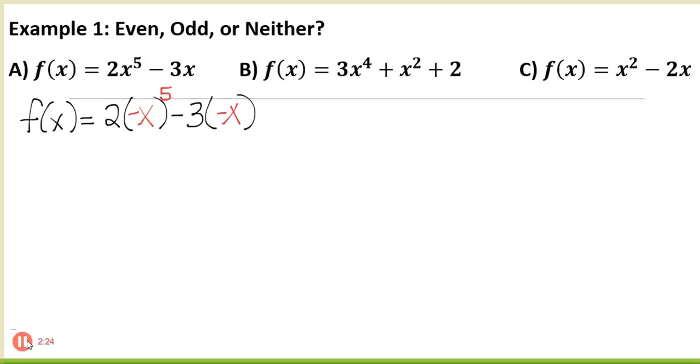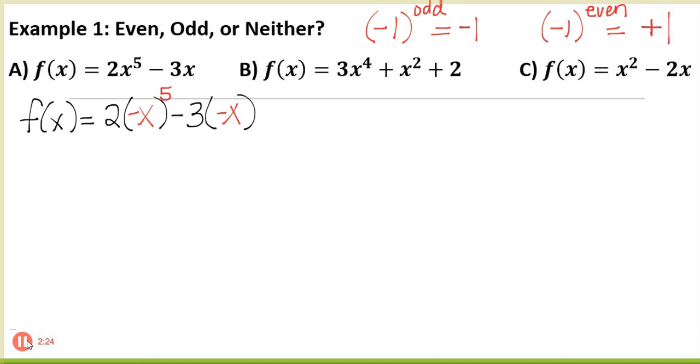We want to know, do we get the exact same thing out, or is it the opposite? Anytime you raise a negative to an odd power, your result is negative. So negative 1 raised to an odd power is going to stay negative. But negative 1 raised to an even power is going to become positive.